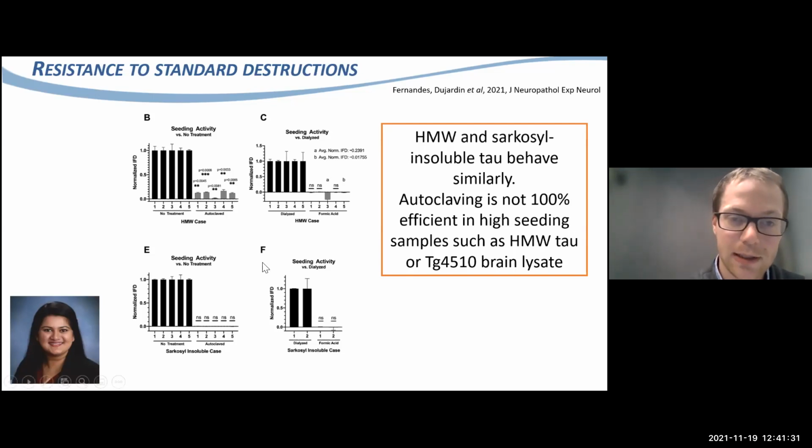The only thing we could see is that autoclaving in some of these cases didn't work fully, especially in the high seeding cases compared to the low. That was also the case in transgenic animals, where autoclaving didn't work as well as it would on low seeders.